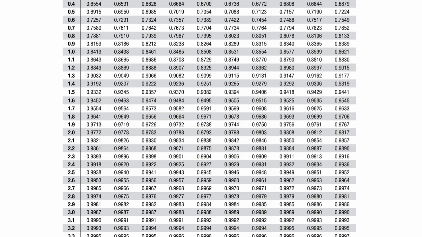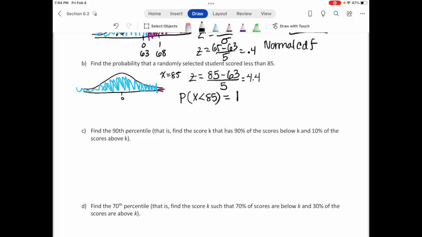The value we're looking for is 4.4. Just looking at 3.4, it's almost 1, so if we go even further, it's going to be even closer to 1. So for this, I would just round it to 1. Using the tables, we found that the probability is so close to 1 that we just rounded it to 1.